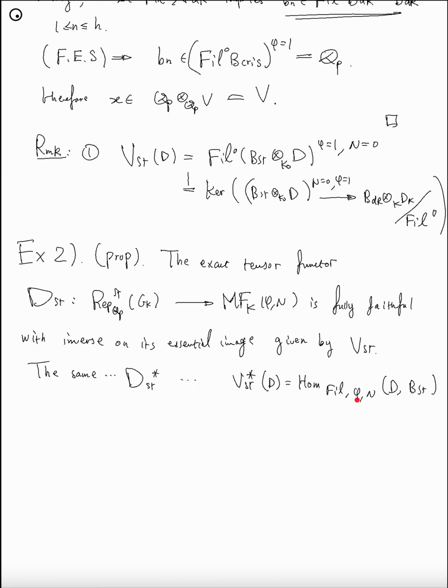This means Frobenius compatible, filtration compatible, monodromy compatible. Proof: we know, actually we proved that before, D_st is a faithful exact tensor functor.